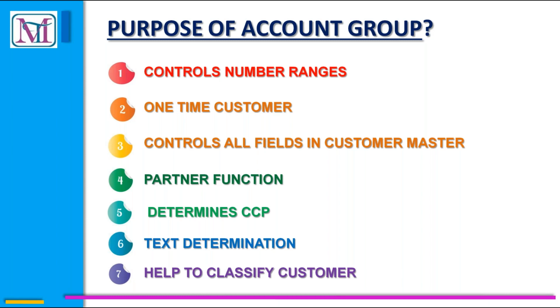Next, it helps to classify the customer, whether it is a sold-to party, ship-to party, bill-to party, payer, a domestic customer or export customer, one-time customer or regular customer, or employee customer or plant customer. Through the account group, we can classify customers into different groups.